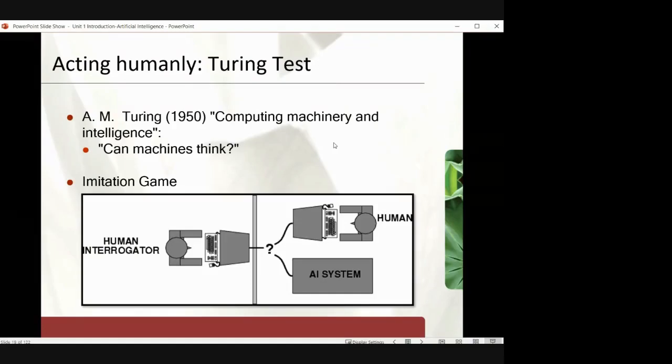Now what he has actually done in the research: if one human being is talking with some person in telecommunication, and the person cannot identify whether the other is a human being or a computer, then that particular system is called an AI system.